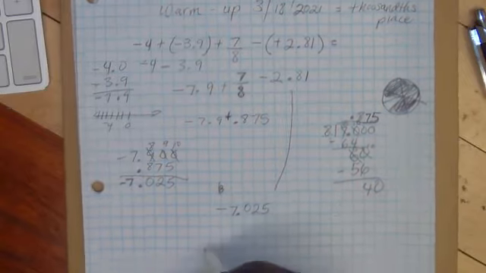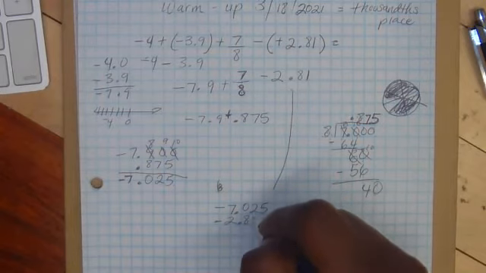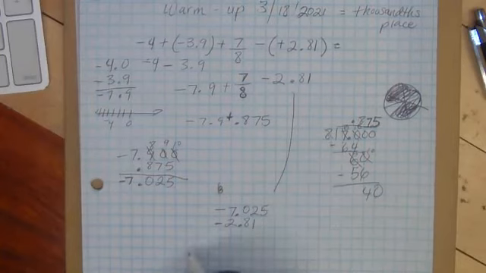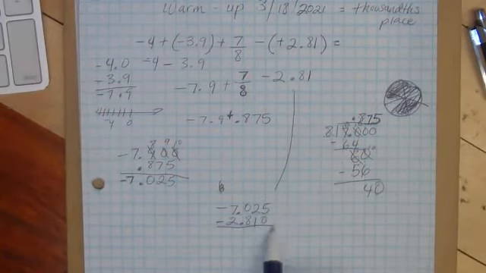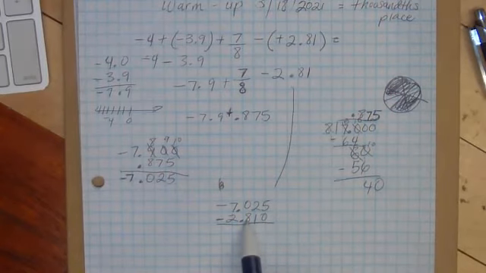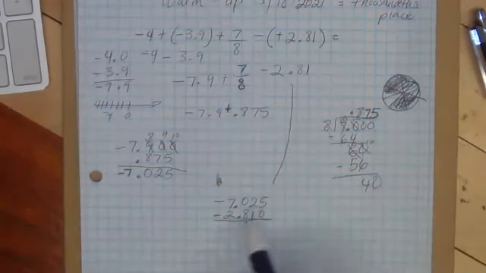And then we're basically going to add that to a negative 2.81. And then we could just add the 0 just to make them even. Since I said thousandths place, this is the tenths place, this is the hundredths place, this is the thousandths place. We can make it make sense now.